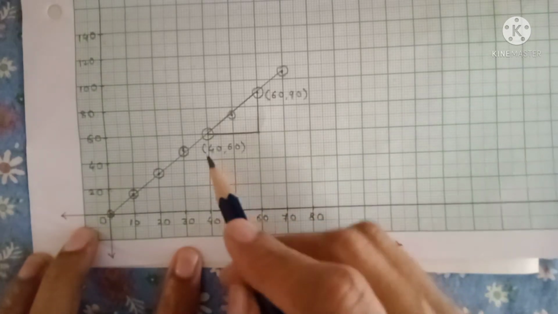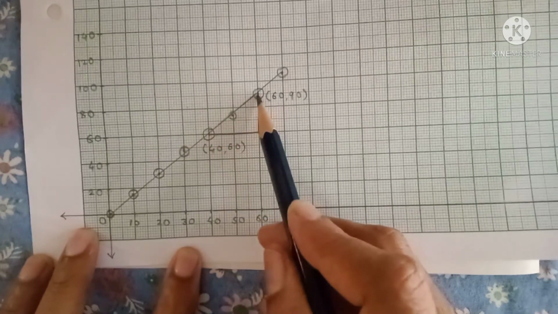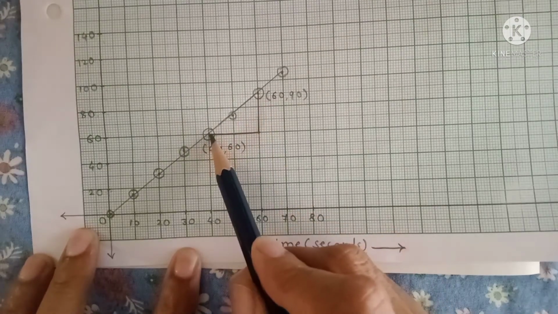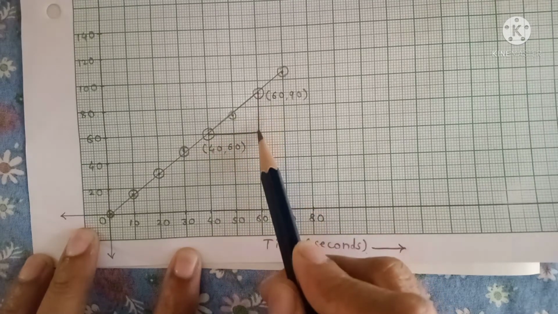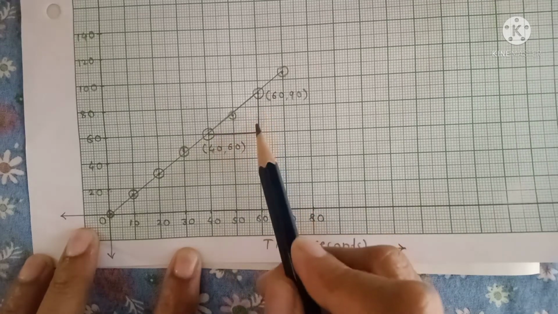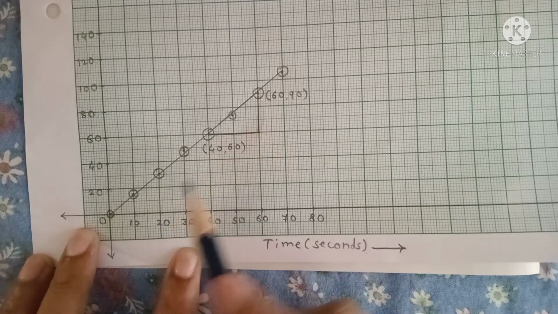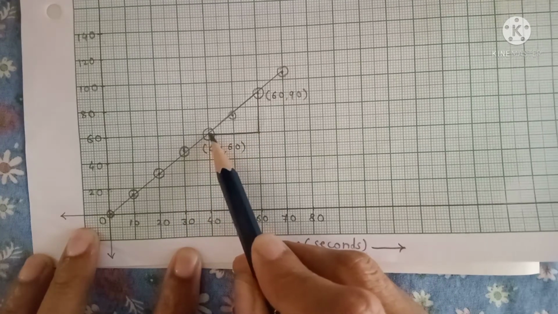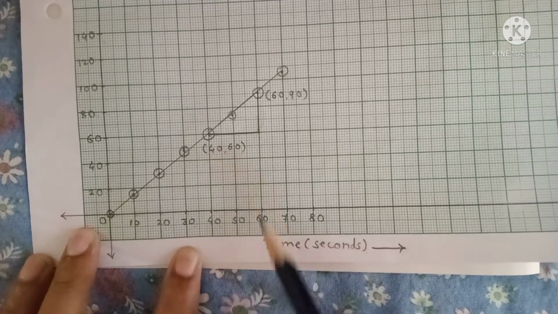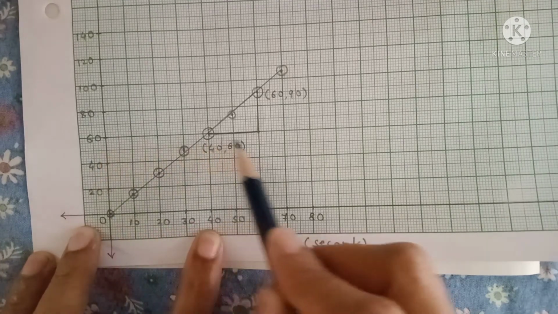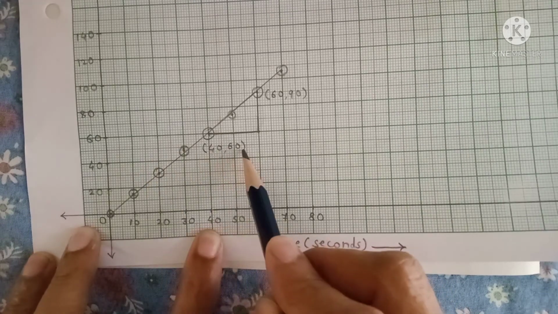So we can take any two points on this straight line. I have taken this one point and this is another point of the straight line, and I have joined both these points. So I am getting a small triangle here, children. On the basis of that we have to calculate the slope. For this first point, I will write its reading: 40 is the x-axis reading and 60 is the y-axis reading, means 40 seconds and 60 meters.